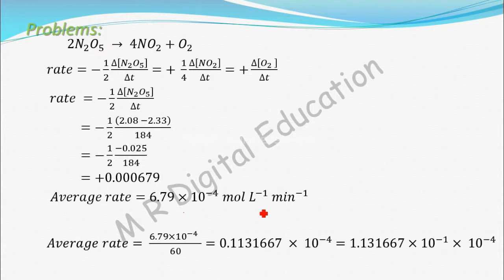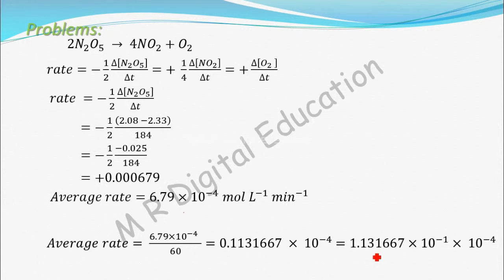Now, he is asking that you have to calculate the average rate in terms of minute, second and hour. To express this in second, divide this by 60. I have divided that term by 60, then you will get 0.1131667 into 10 to the power minus 4.